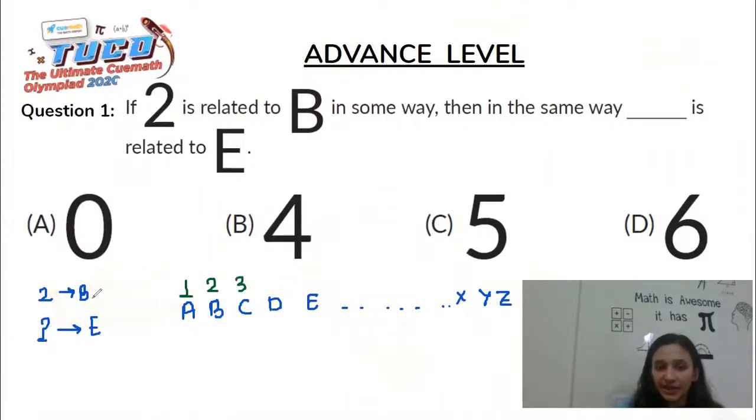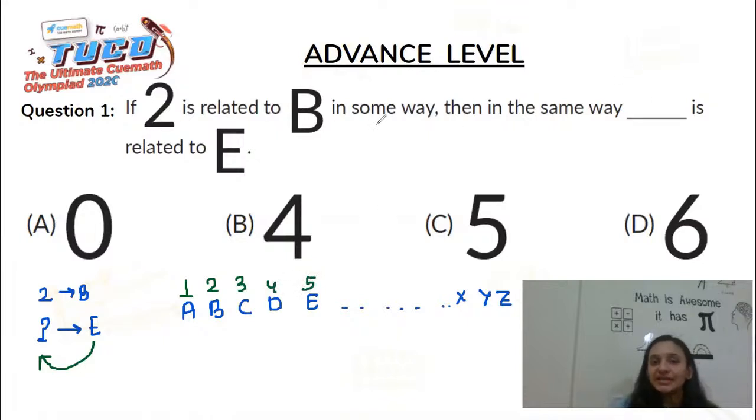So when we said that 2 is related to B, basically at the second position in the alphabetical series, the letter which we got was B. So now we have to figure out at which position E comes in the alphabetical series. So we have 1, 2, 3, 4, 5. It comes at the 5th position.